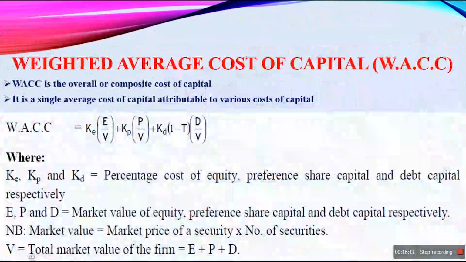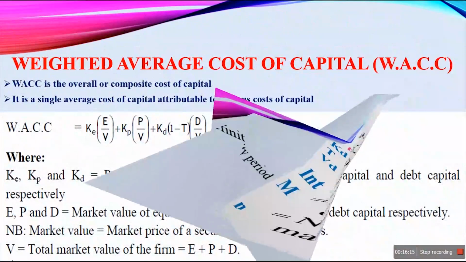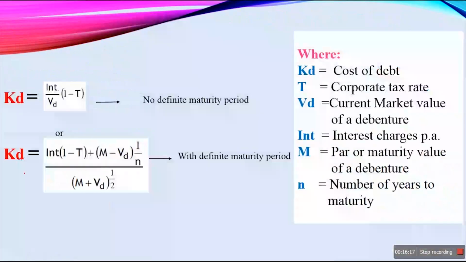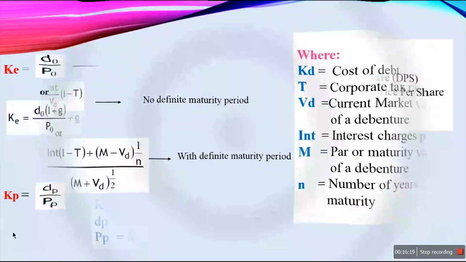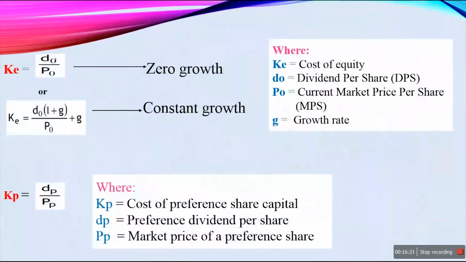The first formula of obtaining the cost of equity was D naught divided by P naught, and then the second formula was D naught into 1 plus G divided by P naught, plus G. The first is when there is zero growth, the second is when there is constant growth. In our case, we have growth of 5%, and therefore we are going to use the second formula.